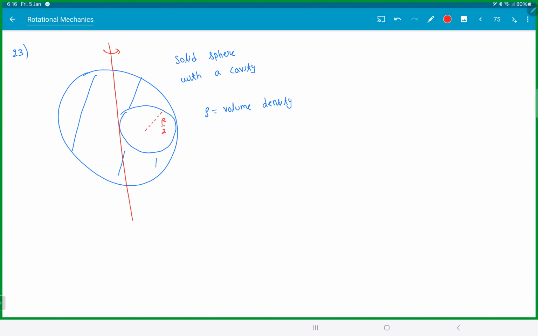This is r by 2. Find I. To find the moment of inertia of a solid sphere with a cavity, where the cavity is passing through the center and the circumference. Answer comes in terms of rho and r. So yeah, hope you remember the moment of inertia and center of mass chapter taught you how to do cavities. The idea is the same.